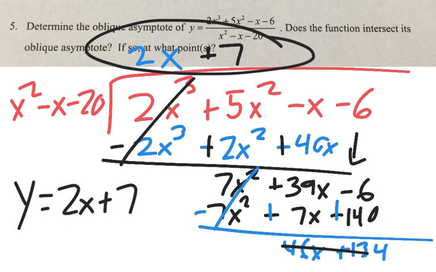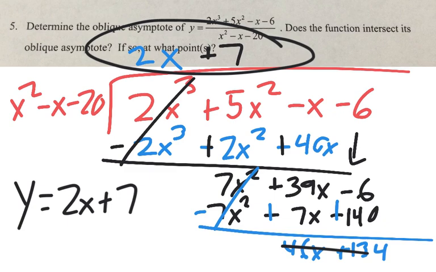So there's that graph. And then I found the oblique asymptote to be at 2x plus 7. You see how as x gets bigger and bigger and smaller, we get closer to this value, this asymptote?